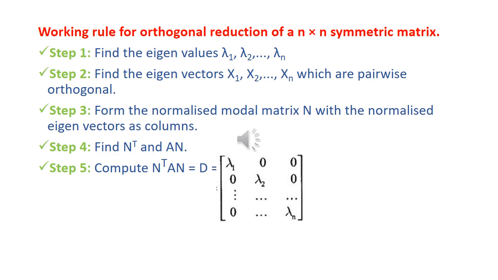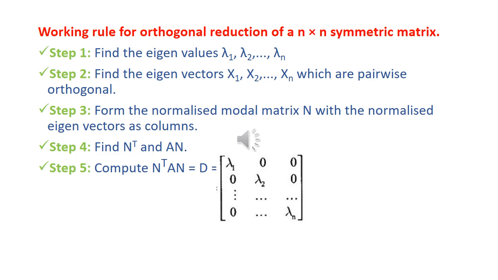Now let's see the working rule for the orthogonal reduction of n cross n symmetric matrix. The first step is we have to find eigenvalues lambda 1, lambda 2 up to lambda n for the given matrix. The second step is we need to find corresponding eigenvectors for each eigenvalue lambda 1, lambda 2, up to lambda n, which are pairwise orthogonal.